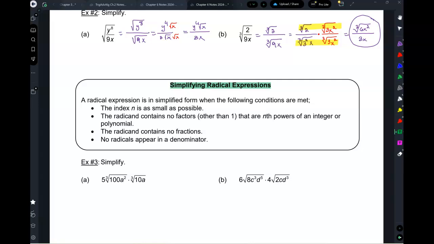Well, here's what needs to be done. You have to make sure the index is as small as possible when you are done. You have to make sure the radicand contains no factors that are nth powers of an integer, so you got to get rid of all the powers. The radicand contains no fractions, and no radicals appear in the denominator.